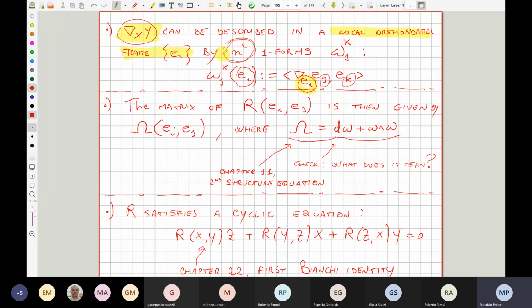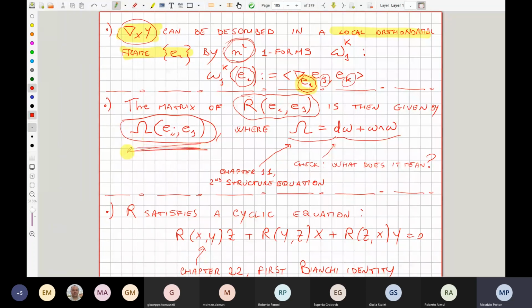And so this means also that you can compute the Riemann curvature using these one forms, and you obtain another 2 form. Remember that the Riemann tensor was alternating in these 2 slots. This means this is a 2 form.